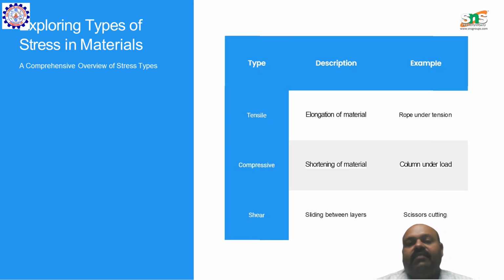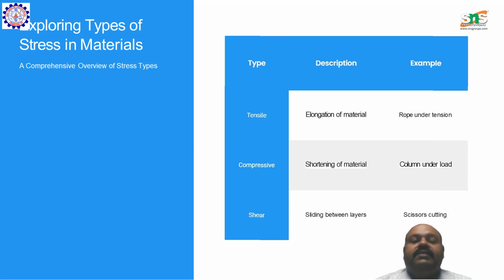The basement will have a foundation so that the load is transferred to the earth. So that is compressive load. It tends to push the material towards each other so that there is a decrease in the length of the material.